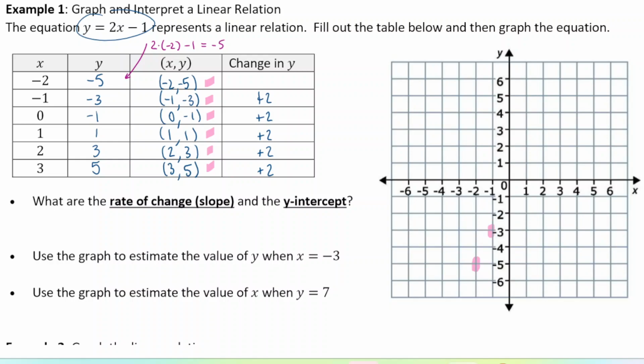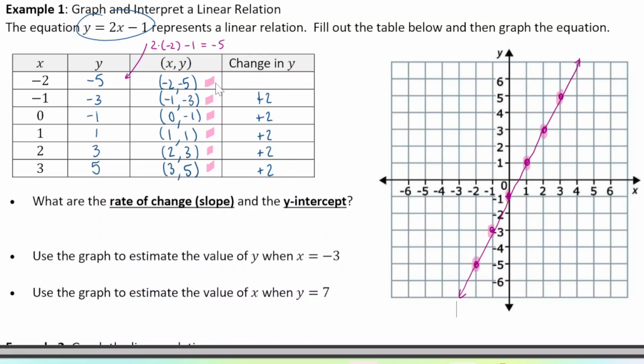There we go. 0, negative 1; 1, 1; 2, 3; 3, 5. And if I had a nice ruler, I would draw a nice straight line between these points, but I'm just going to do my best. Oh, that's not too bad. Okay, there we go. So there's our nice line.